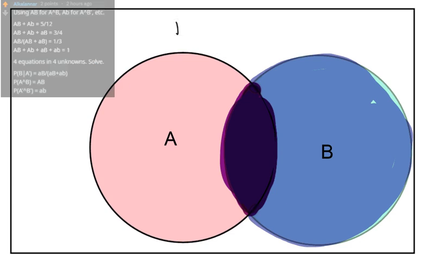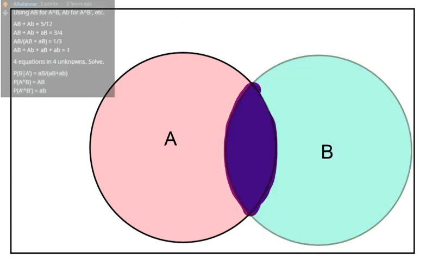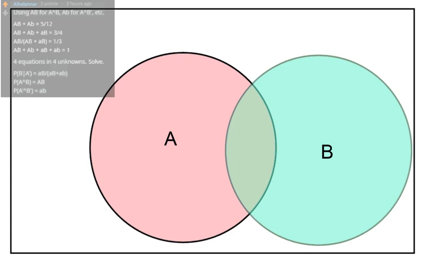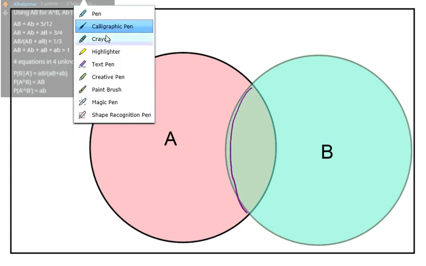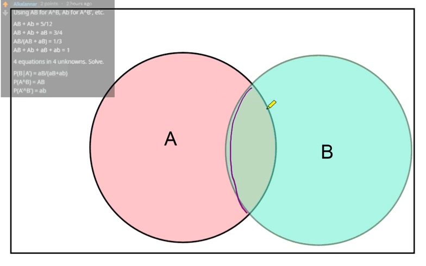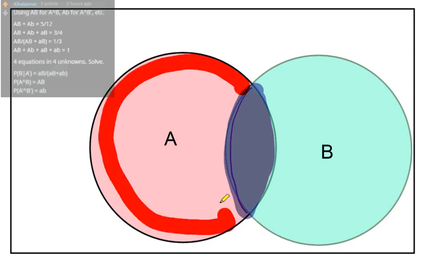And then the last one, let me clear the table real quick. The last one there is the probability of A and B, which is once again that middle part. Oh, wrong kind of pen. It's once again that middle part. The probability of A happening and B not happening, which is this area over here.